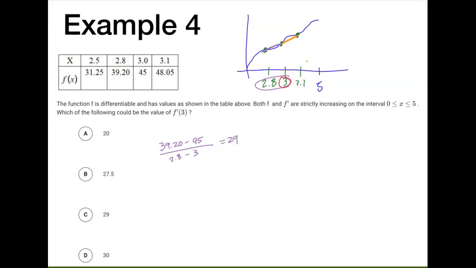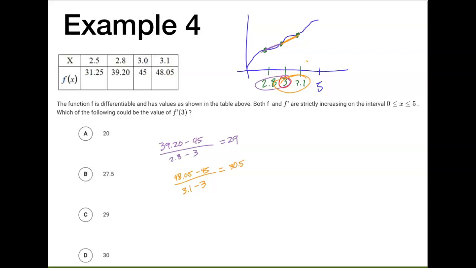All right, then I'll find the slope between 3 and 3.1 in orange there. So that would be 48.05 minus 45 over 3.1 minus 3. And I get 30.5.